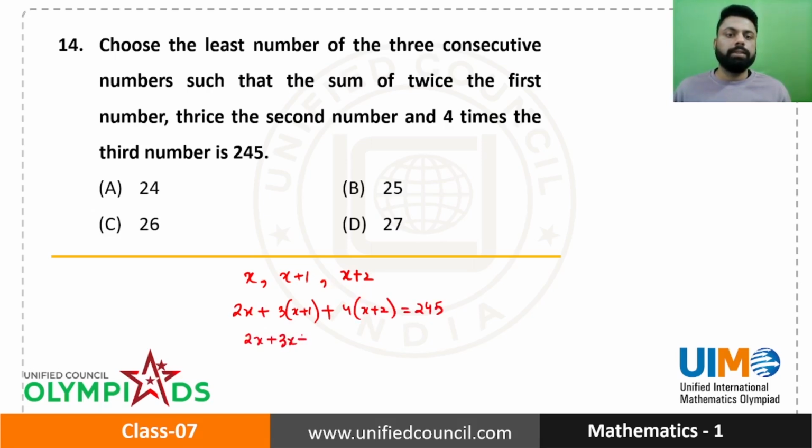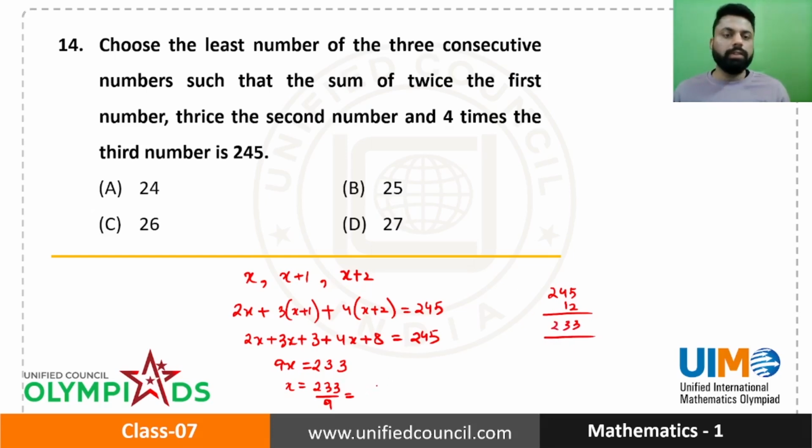So 2x plus 3x plus 3 plus 4x plus 8 equals 245. 9x is equal to 245 minus 12.